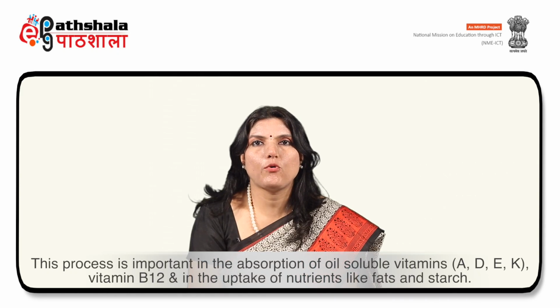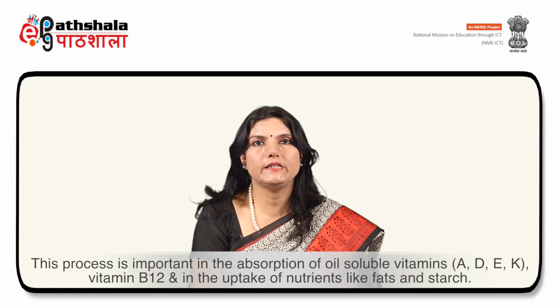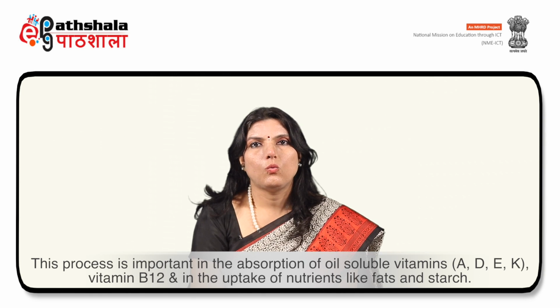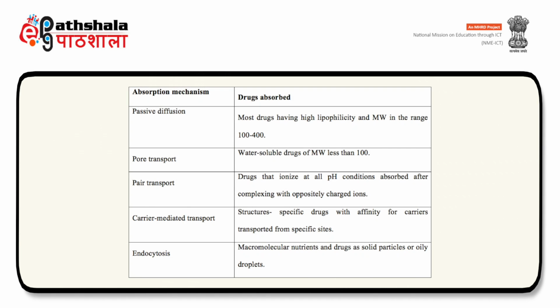This process is important in absorption of oil-soluble vitamins like A, D, E and K, vitamin B12, and in the uptake of nutrients like fats and starch. The summary of some important transport mechanisms and drugs absorbed through them is presented in the table shown on the screen.